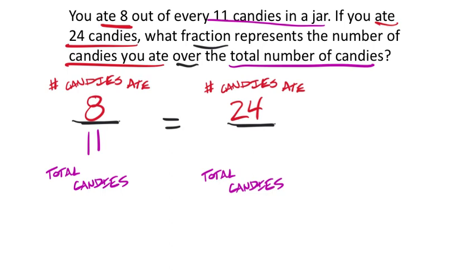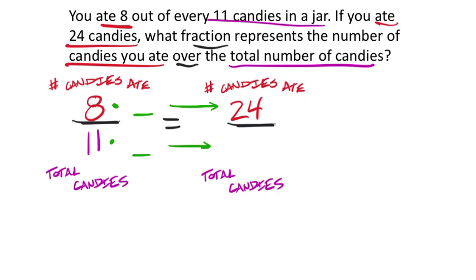So we look at this and we say, okay, 8. See, now I'm on the top because I have 2 numbers on the top, and I can compare those. 8, since it's being made bigger, it's going to have to be multiplied by something in order to get the 24. And whatever we multiply the 8 by, we'll multiply the 11 by as well to get the new numerator.